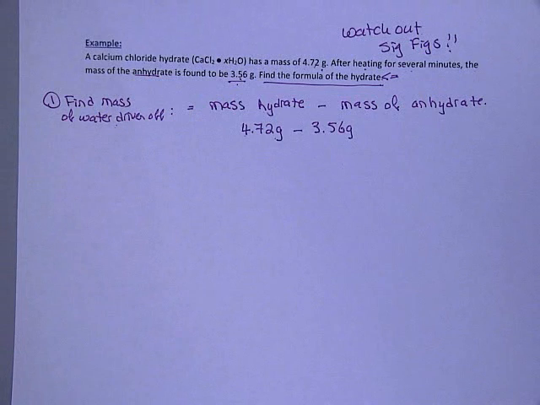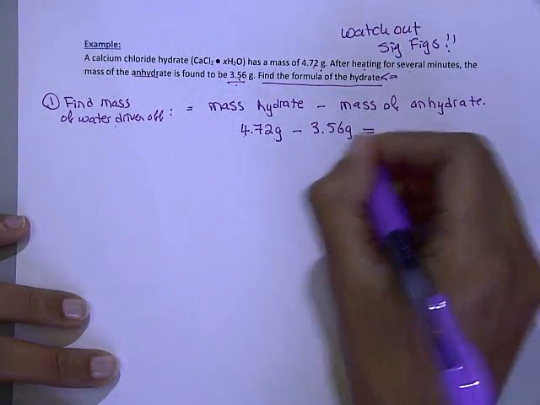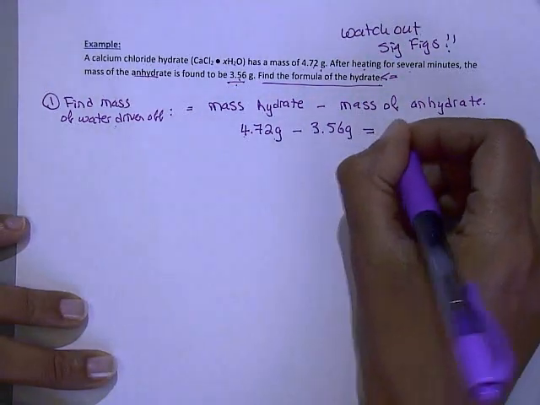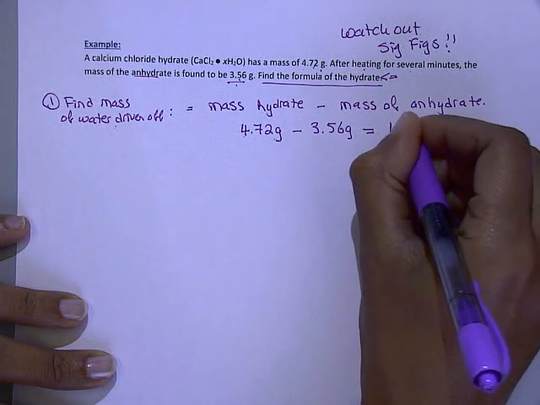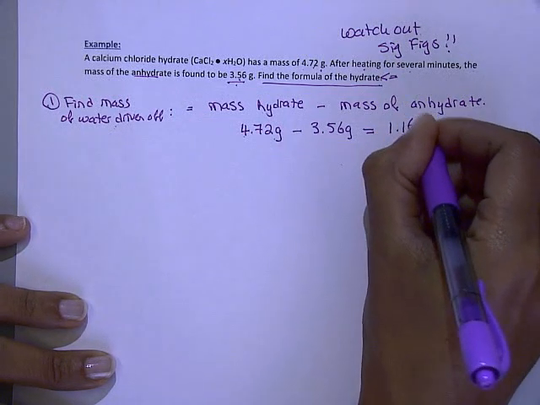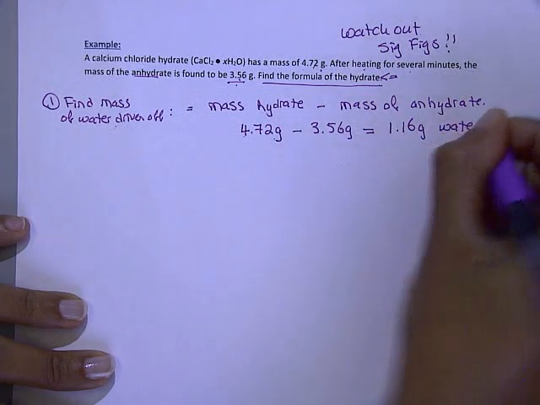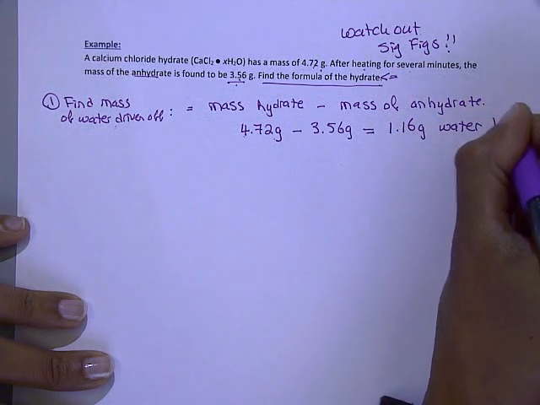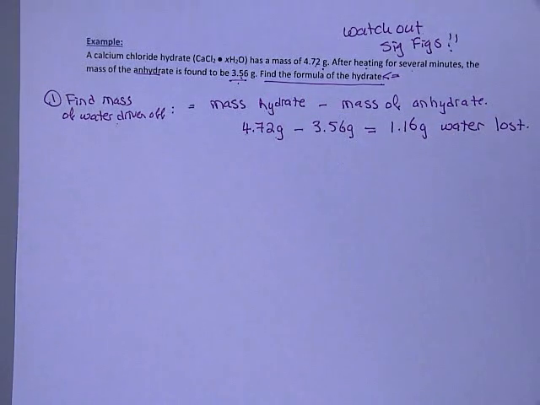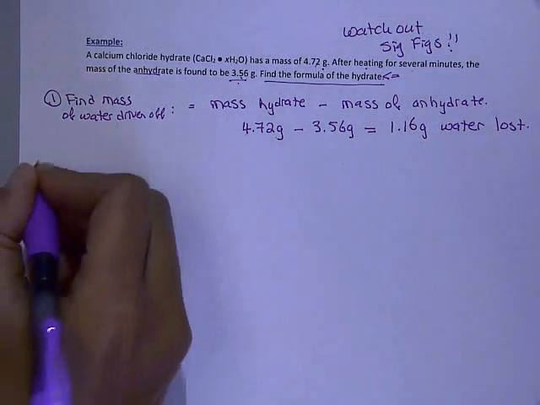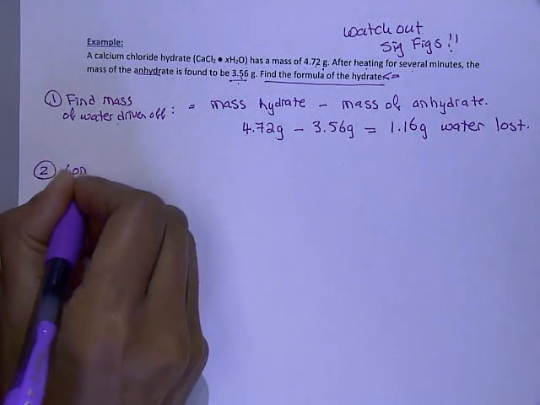You're going to actually be measuring these components in lab. So your mass of water driven off is 1.16 grams of water lost. Let me just confirm this calculation real quick. 4.72 minus 3.56, 1.16.